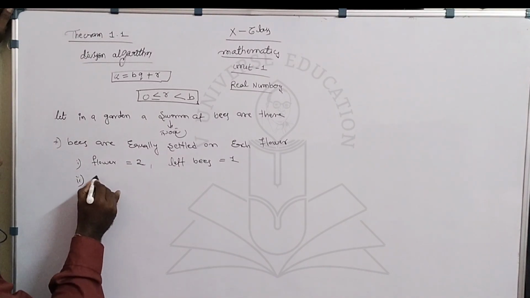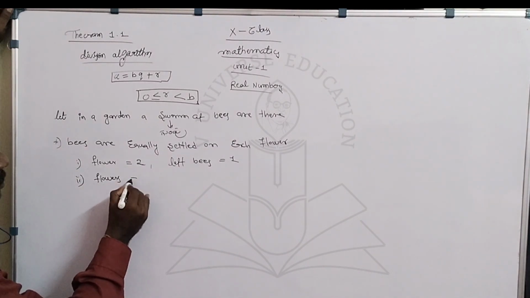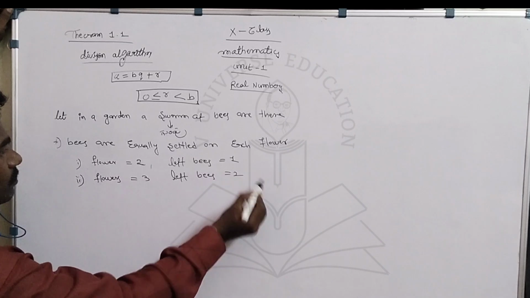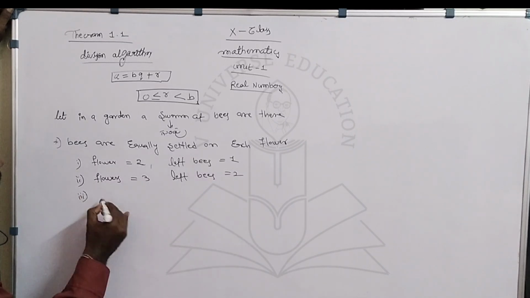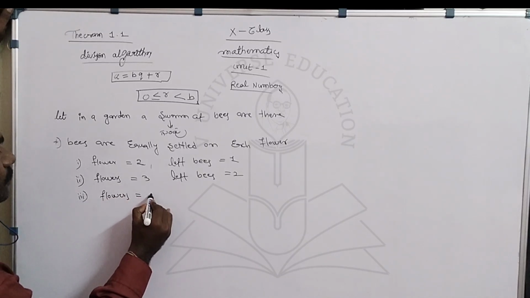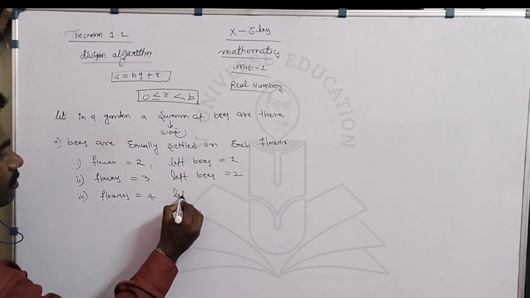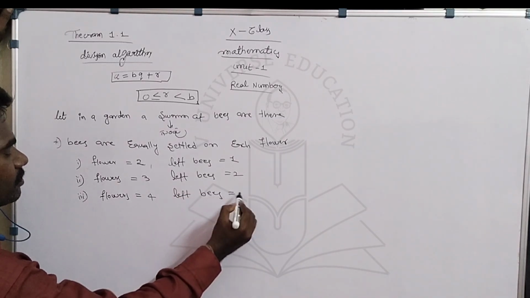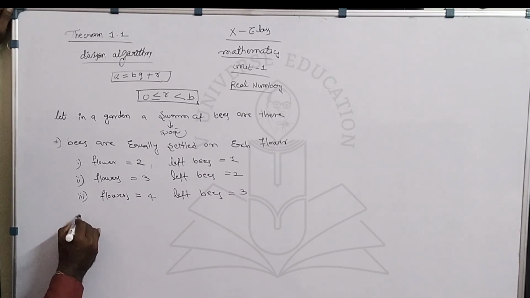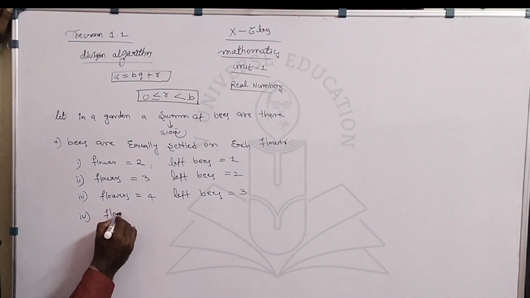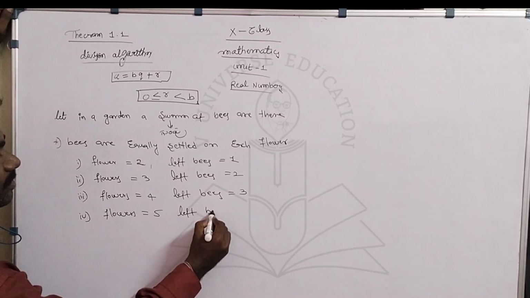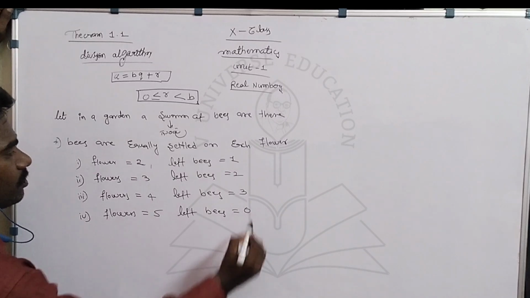In the second case, if flowers is equal to 3, left bees is equal to 2. Third case, if flowers is equal to 4, left bees is equal to 3. Fourth case, if flowers is equal to 5, left bees is equal to 0.